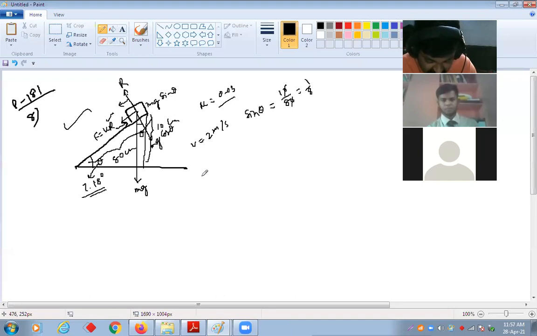The box's mass is 50 kg. Here one thing is given, that is the value of mg. That means mass is given as 50 kg. Mg value is how much? Mass is 50, and mg means mass into g, that means 500 Newton.